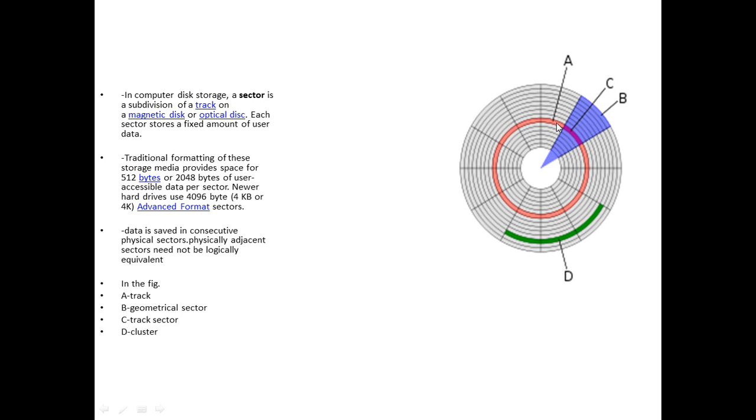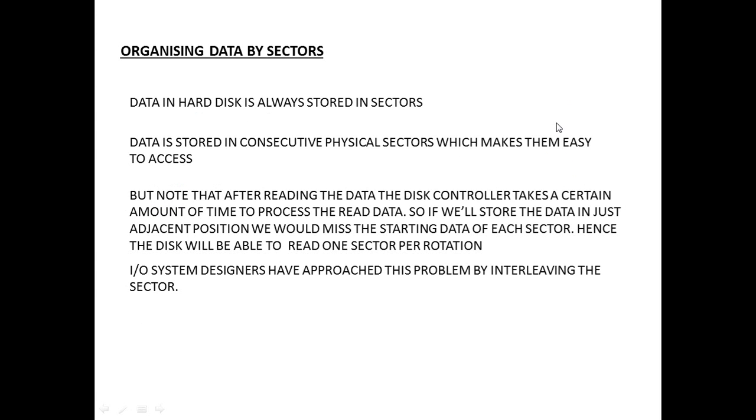So just after reading the first data, the read write head will move on to the next sector, and we will rather miss certain important data. So to avoid this, we'll give an interleaving between the two sectors, and this interleaving can be adjusted by the system architecture.